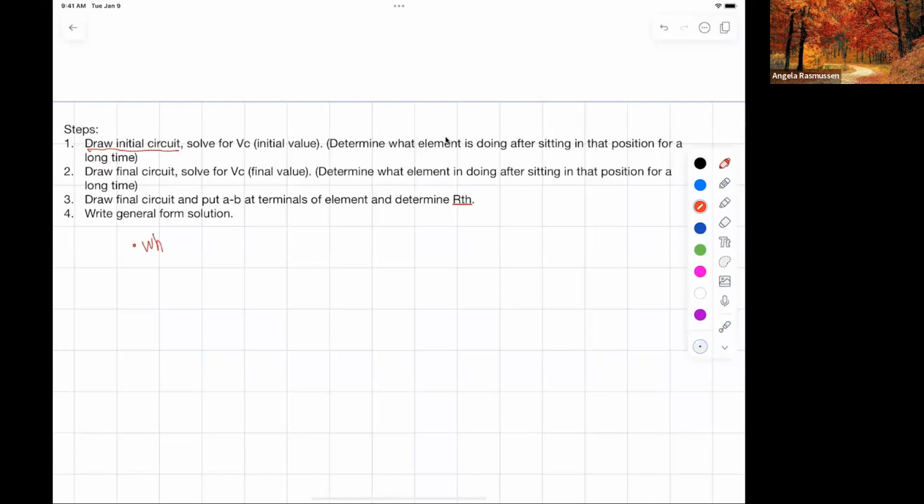When you redraw, I typically say leave out the switch and the element. Draw that circuit and then determine what you are going to do with the switch and what you are going to do with the element.